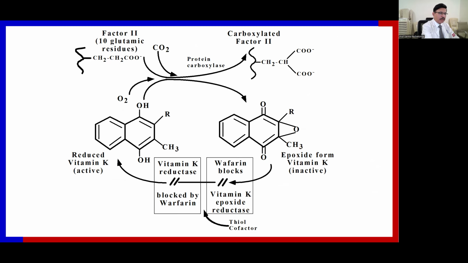For the inactive vitamin K to become active, we require vitamin K reductase, because reduction has to happen. Warfarin goes and interferes with the vitamin K reductase. So active vitamin K is not formed, and coagulation is prevented. That's how the vitamin K acts.